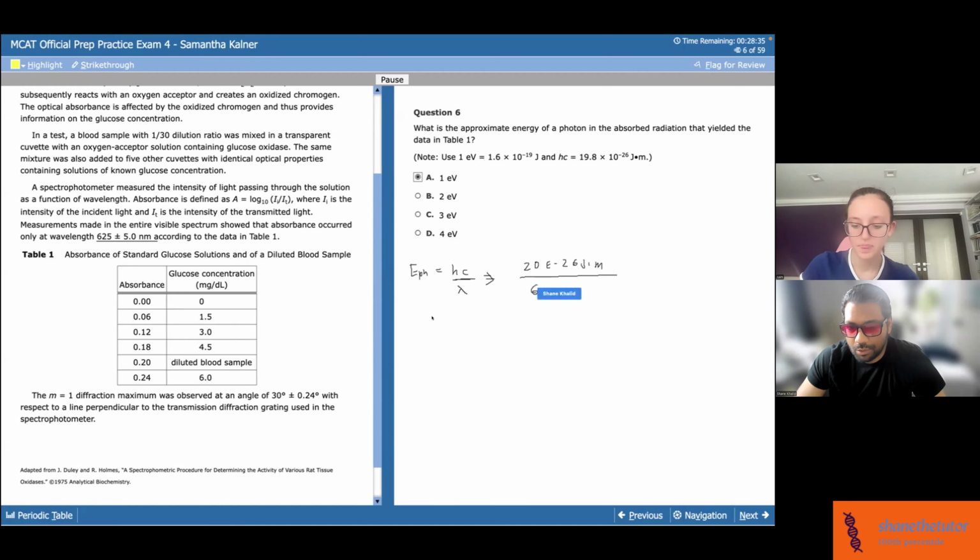So I would write 625 times 10 to the negative 9 meters. Doing this math will enable me to get the answer in joules, because then you can cross out meters.